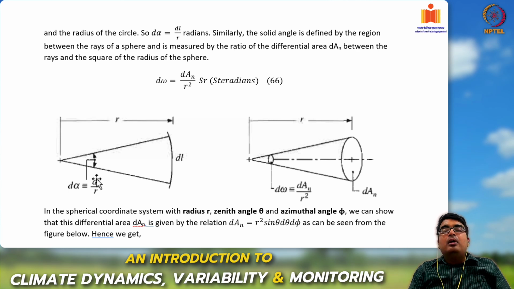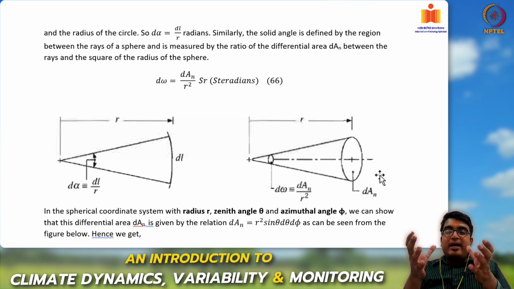Alright. A similar method is also done for the case of a solid angle, but instead of a circle, we take a sphere. Here we have two rays that are hitting the surface of this sphere at 2 points, and there is a conical region inscribed on this sphere.